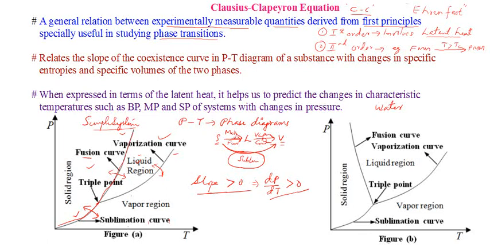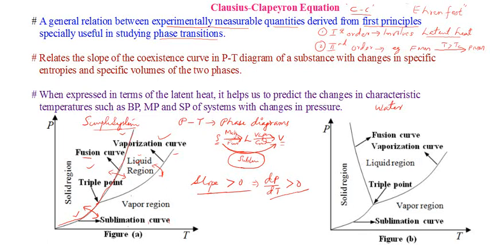It means that with the increase in pressure, there is not a corresponding increase in the temperature; the PT relationship is not directly showing an increase.